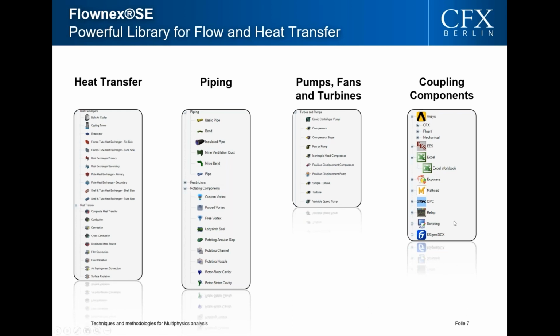And of course, what is really important are the coupling components. So you can couple to CFX, to Fluent, to Mechanical, you can use Excel, and you can couple to other software, as you can see there. And with the scripting component, you can couple to every other software you can think of.